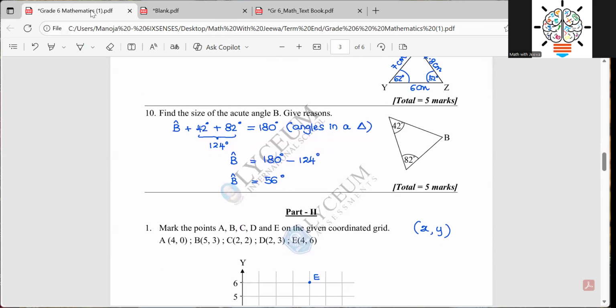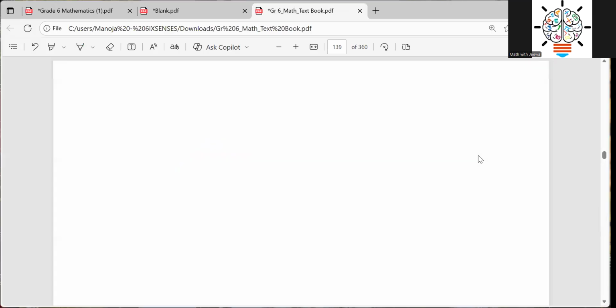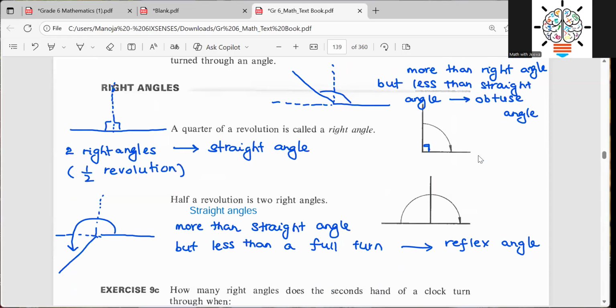So these are the things: if you don't know the missing angle, first you write everything like this. B plus 42 plus 82. I will show you exactly how you can learn this in the textbook. See, the same thing.